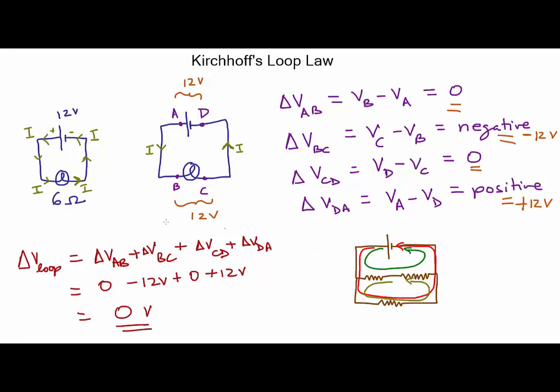Kirchhoff's loop law works for all of these loops. So if I take the first one, the green loop, and if this is my starting point, by the time I make one full loop across that circuit, the sum of all the potential changes must add up to 0, and they will. Same thing with the red circuit.